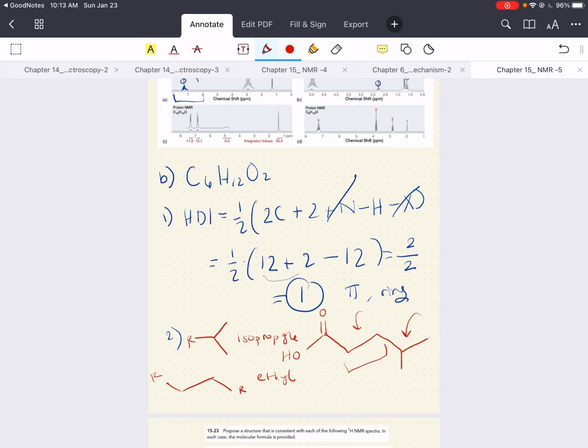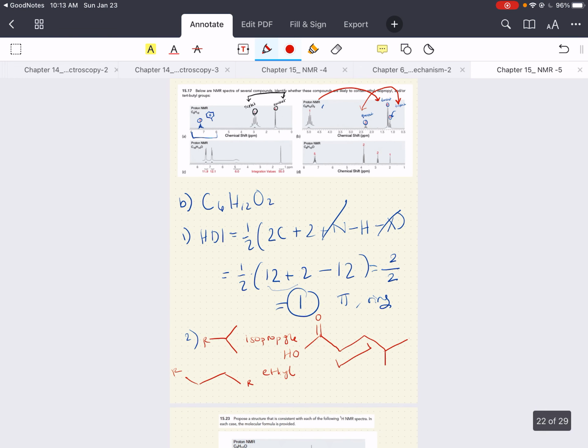Let's double check the groups that we already know first and foremost. Here's our ethyl group. Let's make sure that all the splitting we have is correct. Here we have 2 hydrogens. How many neighboring hydrogens does it have over here? 2. So 2 plus 1 gives 3, which would be a triplet with integration 2.